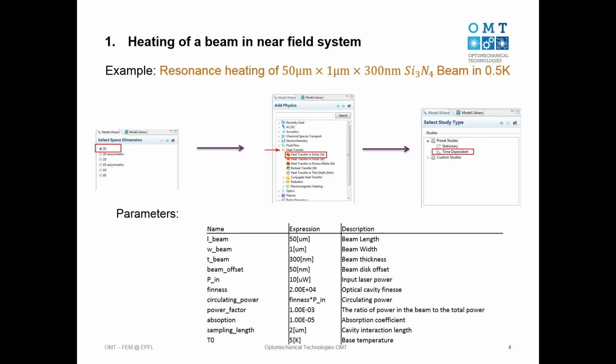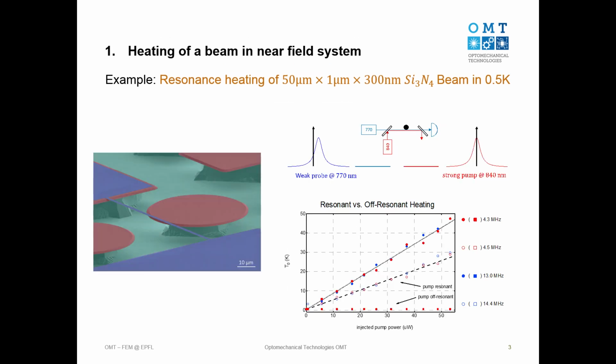To do that, let's start the simulation. If you go to the folder of laser heating and thermal expansion, you will see a subfolder called beam heating, and there is a COMSOL model inside which you can open.